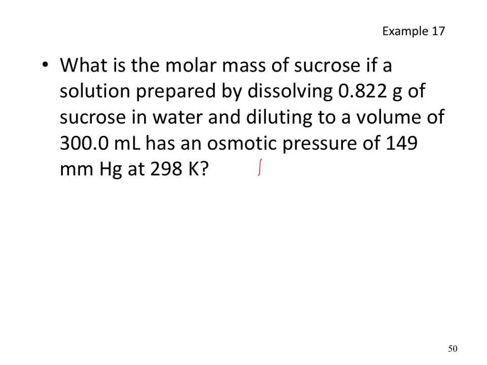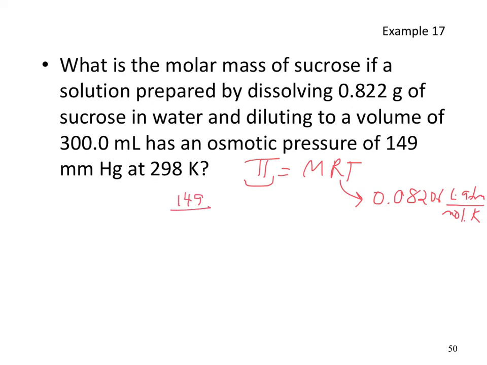So we know that pi is equal to capital M R T. Realize you can only use the value of R of 0.08206 liter atm per mole per Kelvin if the osmotic pressure is also in atmospheres. So in order to convert the 149 millimeters of mercury to atmospheres, you have to divide it by 760, since 1 atm is 760 millimeters of mercury.